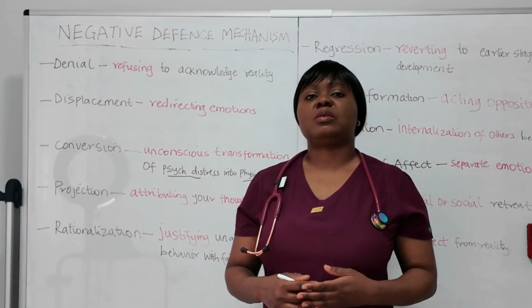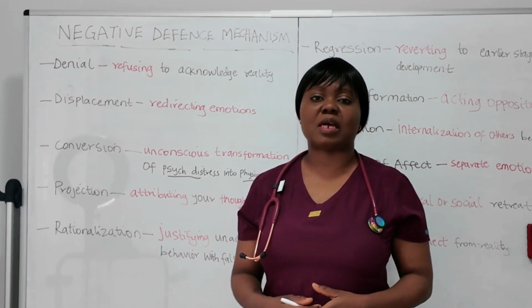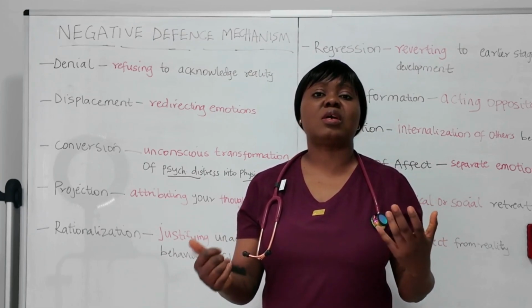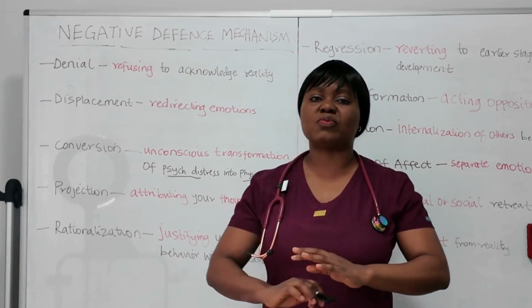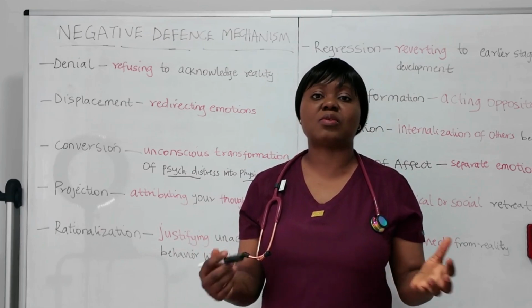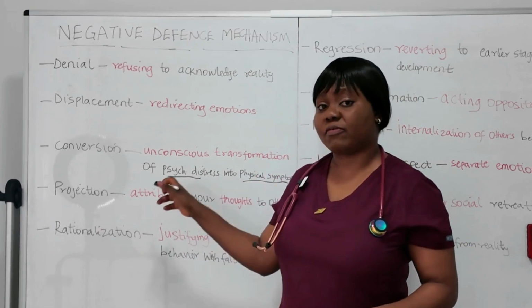An example would be a student that is extremely anxious about an upcoming exam who suddenly develops numbness in the fingers and is not able to use the fingers to write. Meanwhile, there's no physical cause, no physical injury to this hand, yet this person cannot use the hand to write. They say the hand is numb. That would be an example of conversion.